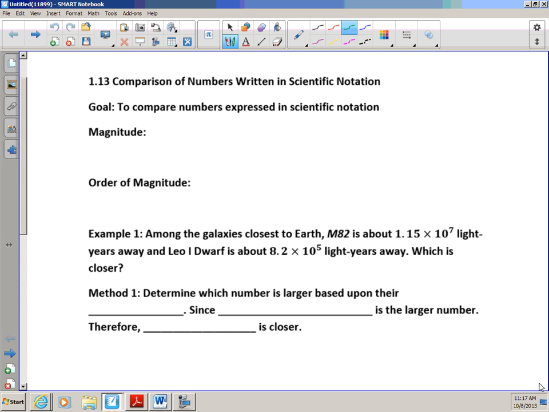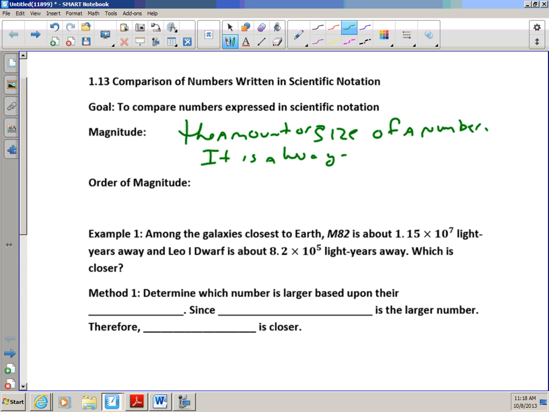Magnitude, which we already defined in an earlier lesson, is the amount or size of a number. And as you might recall, it is always positive.